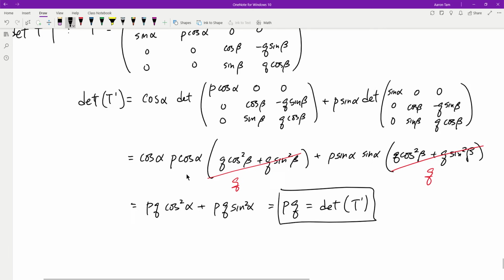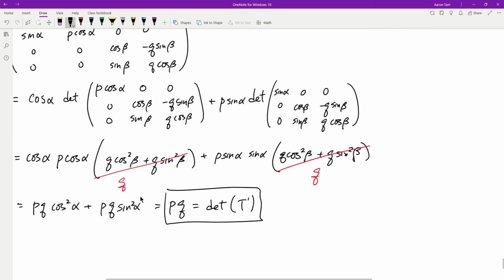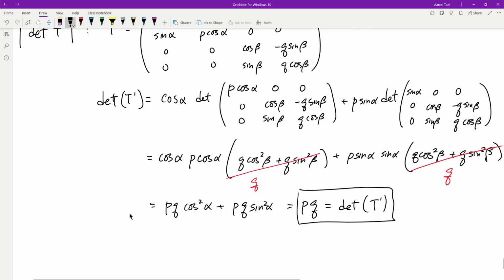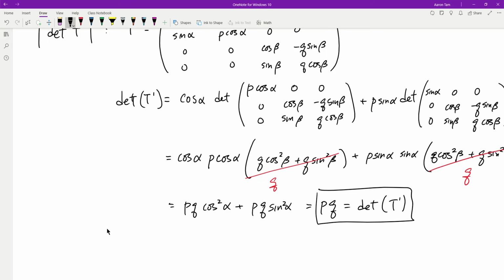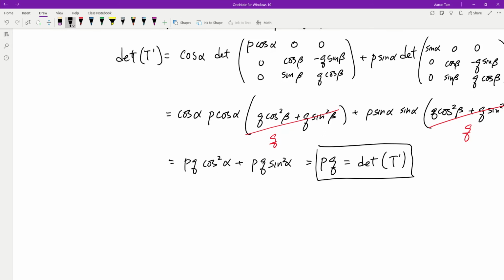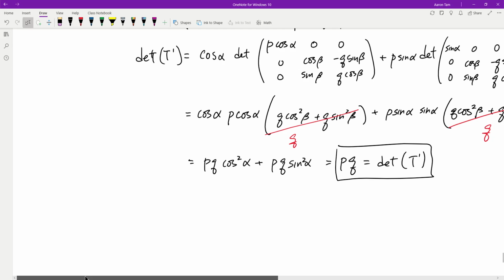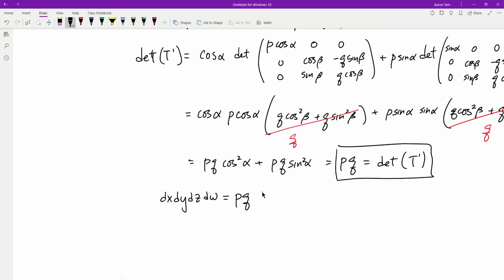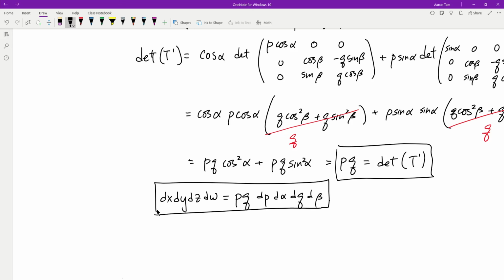So the Jacobian determinant is PQ, therefore dx dy dz dw equals PQ dp d alpha dq d beta. So that takes care of our differential.